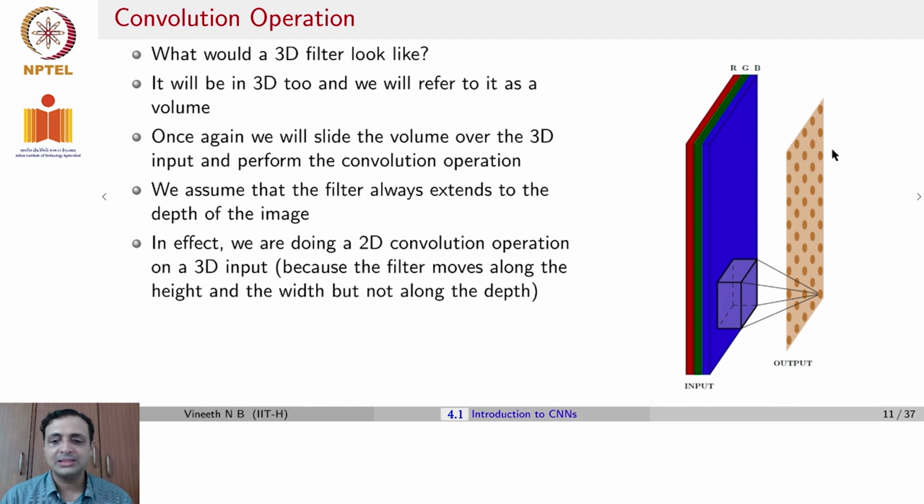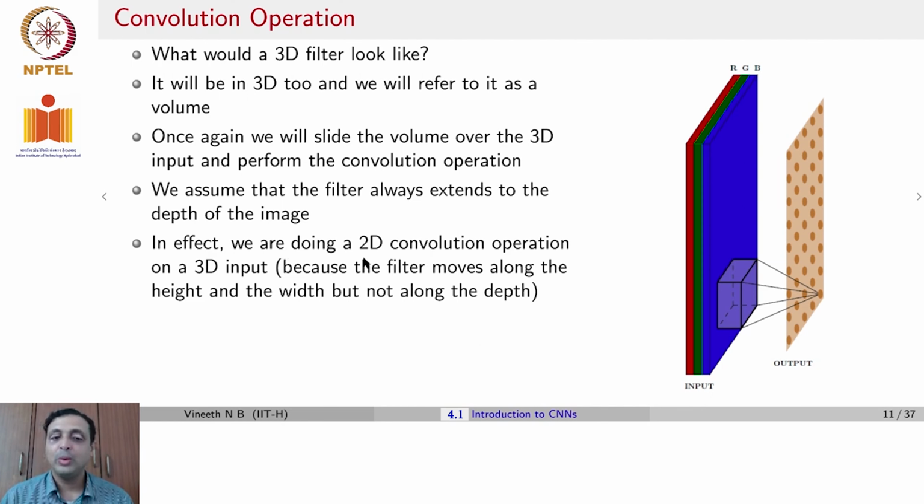We also call this output image a feature map in convolutional neural networks. One assumption we make here is that the depth of this filter is the same as the depth of your input volume, and this is important. Why is it important? Because the depth of the filter is the same as the depth of the input volume.